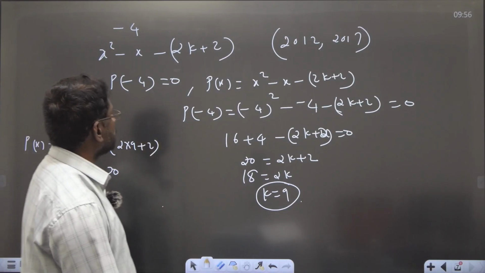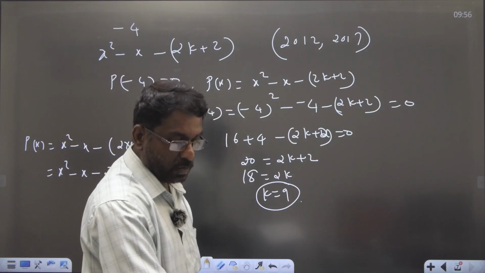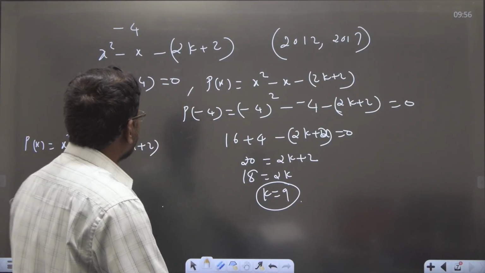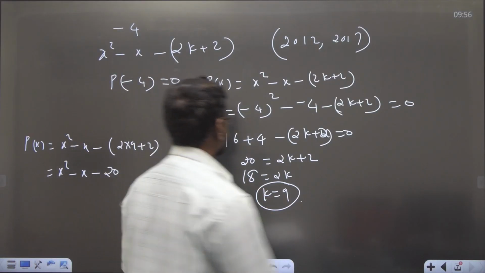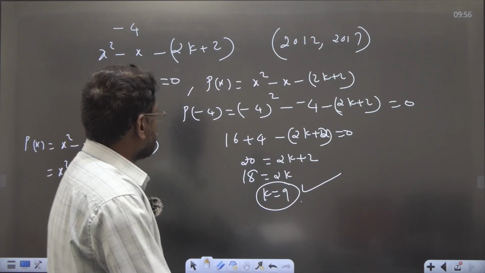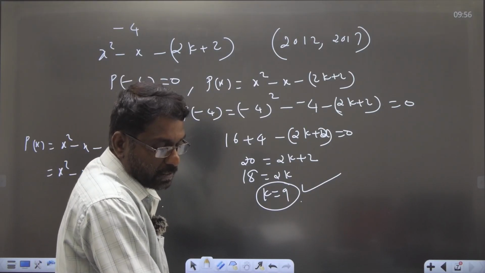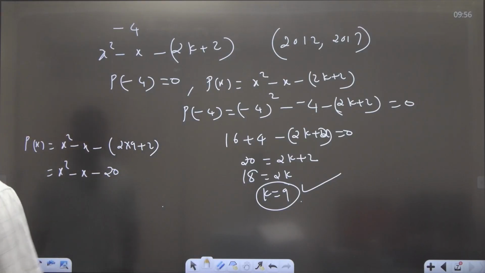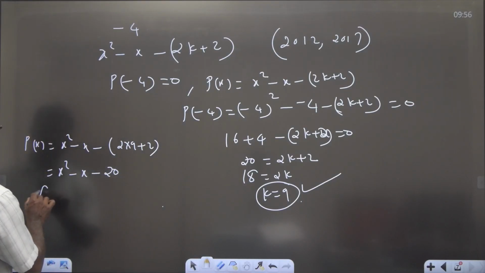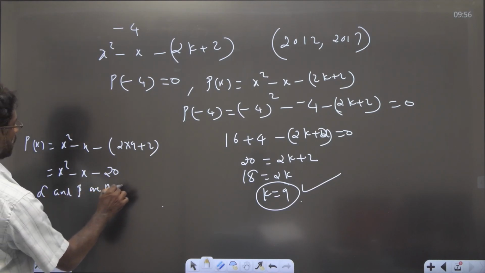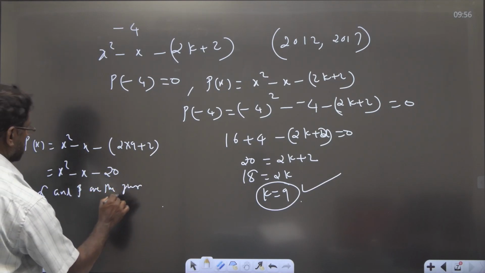So we have to also find the other zero. First we found the value of k, that is k is equal to 9. And the next part of this question, also find the other zero.